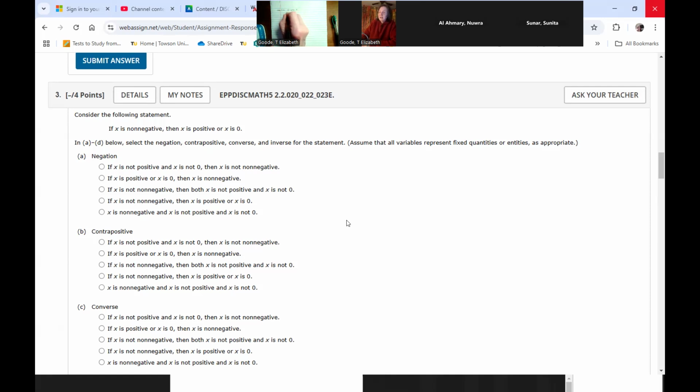The statement is, if X is non-negative, then X is positive or 0. That's actually the definition of non-negative. I can give you some tips on setting up a key.